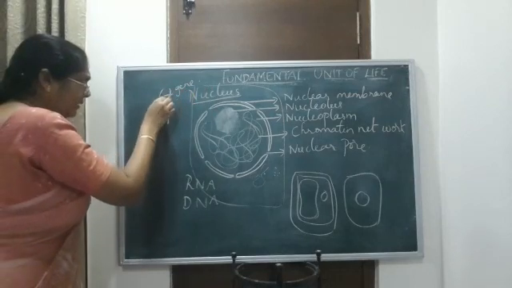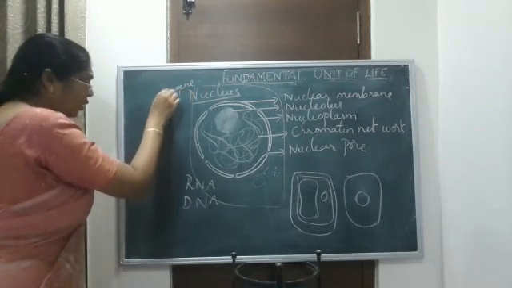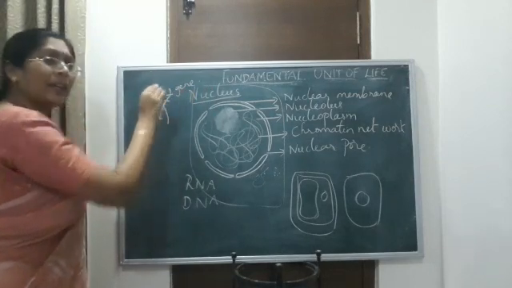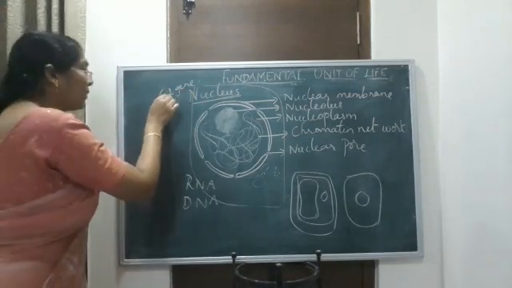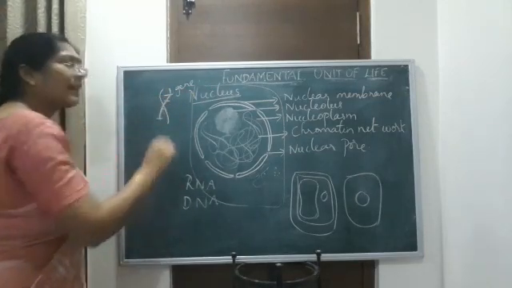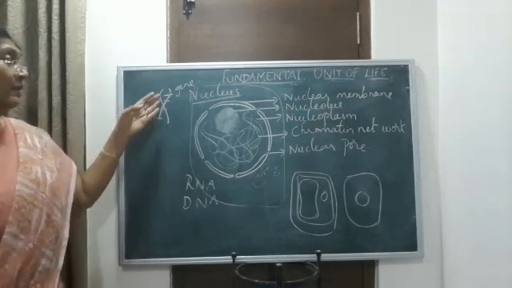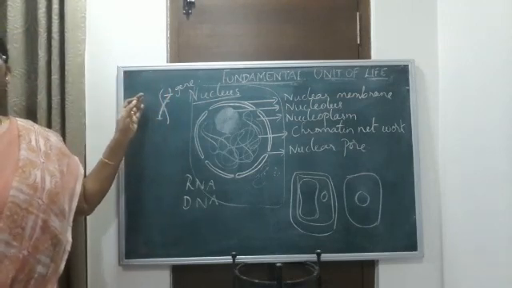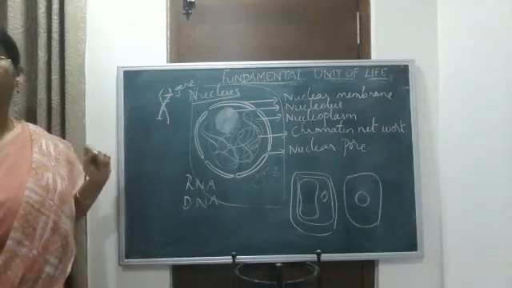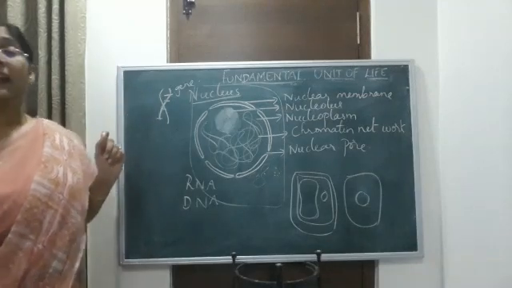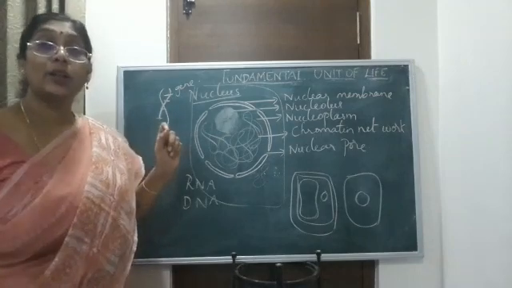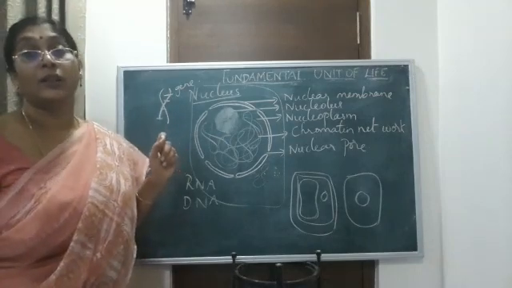This is another gene, this is another gene, this will code for one more. That means this may code for color of the eye, this may code for the shape of the eye, this may code for another character of the eye. Okay, the number of rods, cones, etc. So the functional segment of chromosome is called as a gene, and each gene has a particular definite function to perform.